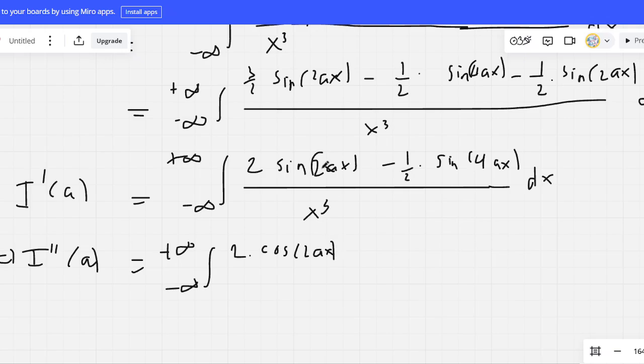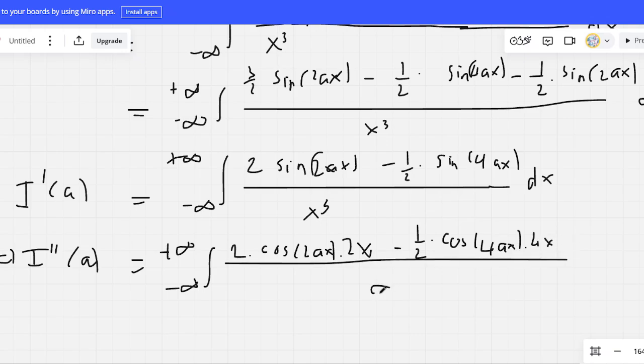And obviously, thanks to the chain rule, we need to multiply with the derivative of the inside, which would be 2x, because we're differentiating with respect to a, minus 1/2 times the 4 times the cosine of 4ax, multiplied by 4x, dx. Sorry, x cubed dx. And here, as you can see, the x cancels with this x here, giving us a square term.